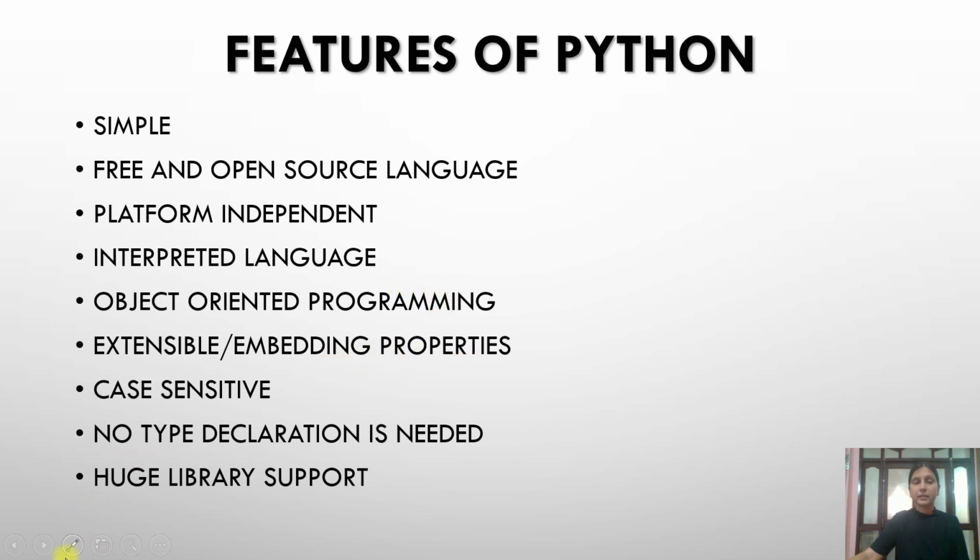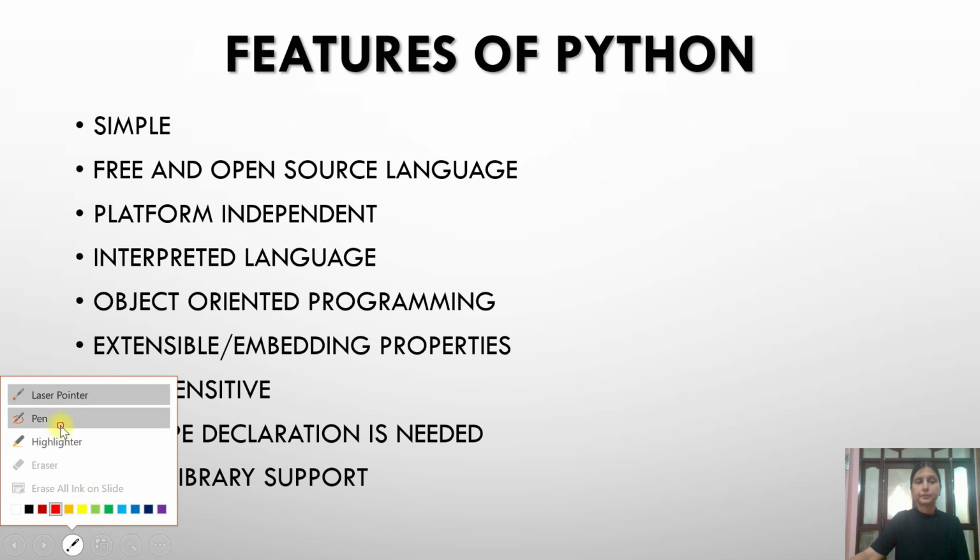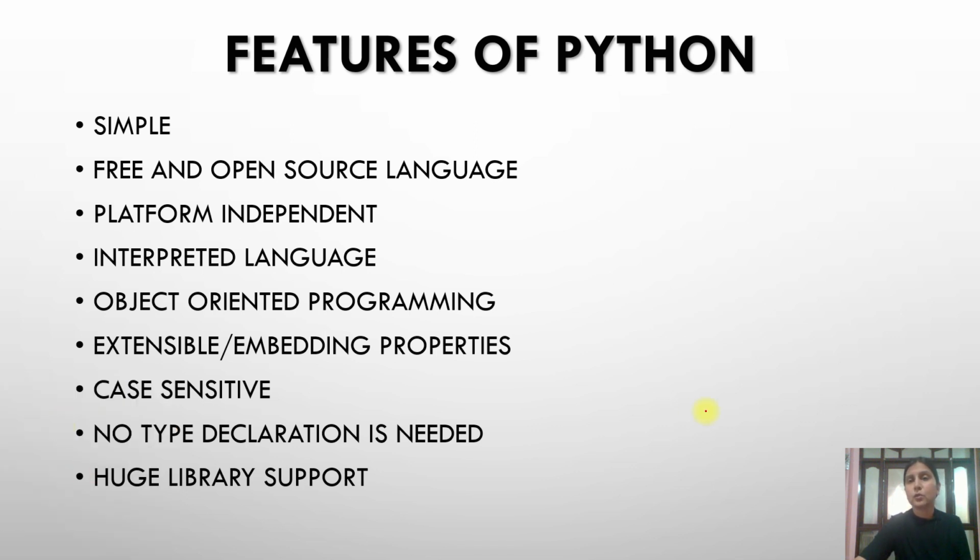Same way in Python also, first the source code extension is py. So py is the extension of source code. After compilation we get the bytecode pyc extension. So these are the bytecodes which we get after compilation.